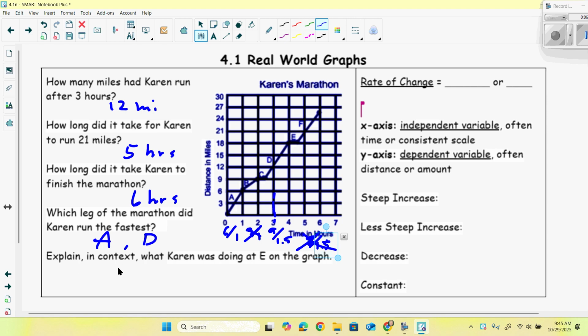So an explanation is she was resting. She's making no progress towards getting to the end of the marathon. So we can assume she's resting or visiting with people or getting a drink. But I'm just going to say resting, and that's an acceptable answer.